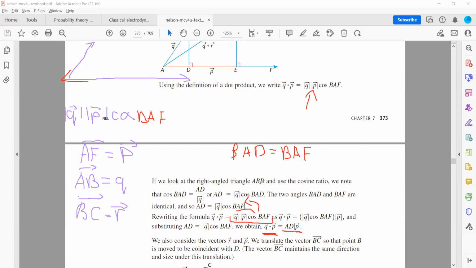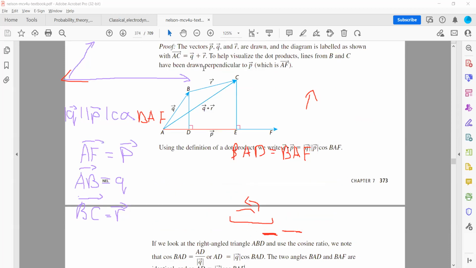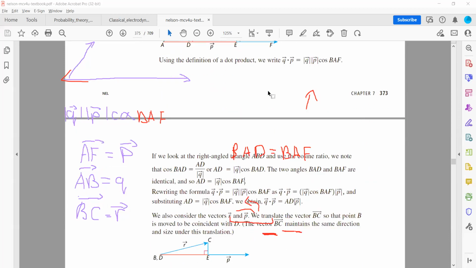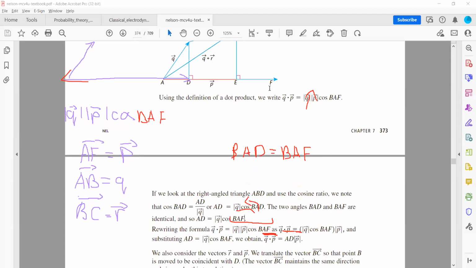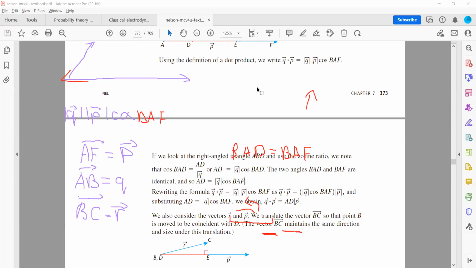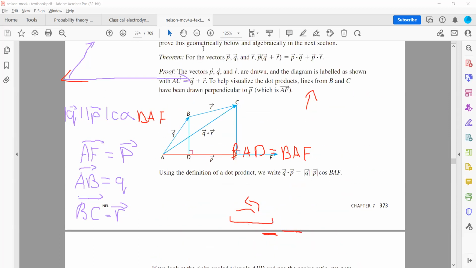Okay, interesting. So now we also consider the vector R and P. Vector R in this case is BC. We have to consider R and P together. We translate the vector BC so that point B is moved to be coincident with point D. So basically we took this BC vector and translated it into this point.